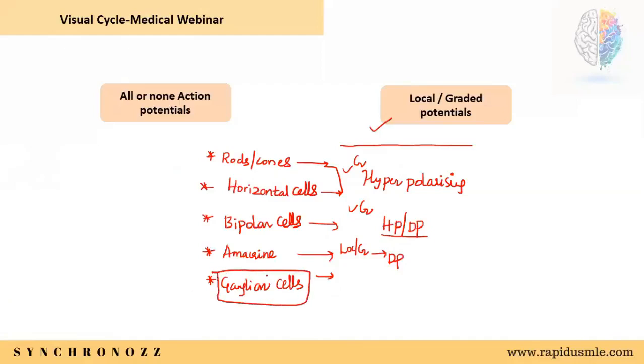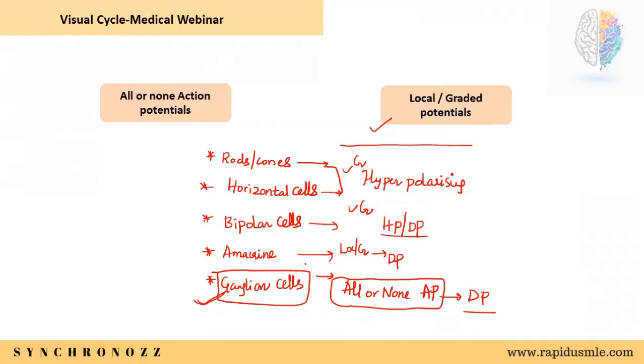But the ganglion cell layer is the only retinal cell layer where there is all or none action potential generation. And this all or none action potential is again of depolarizing variety. So depolarizing all or none action potential is a function of ganglion cells. This is important for exam.